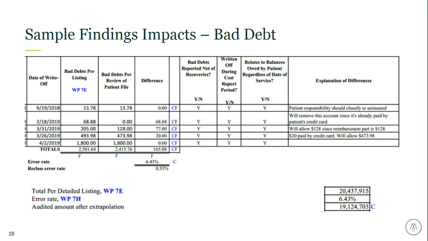So this facility did net down line 26 for their as-filed cost report by adding a line item total recovery amount reported on their general ledger. However, during the audit, the auditor cannot verify that these recovery payments are truly being captured within the detail. So this led to a decrease in their line 26 by a total of 6.43%, which is a difference of $1.3 million.